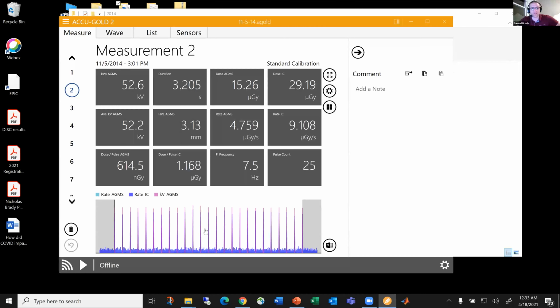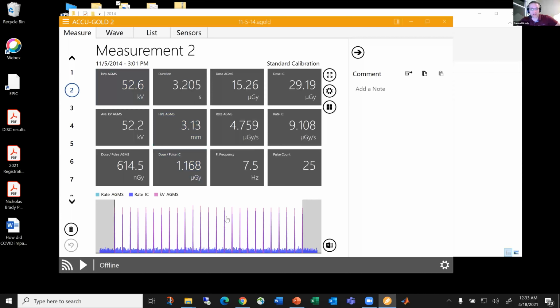They all basically can do the same thing. And here you can see the pulses. So what I can do is count out, let's see here, duration. This was 3.2 seconds. Over these 3.2 seconds, I can count how many pulses I have and divide that by 3.2. That's obviously my pulses per second.